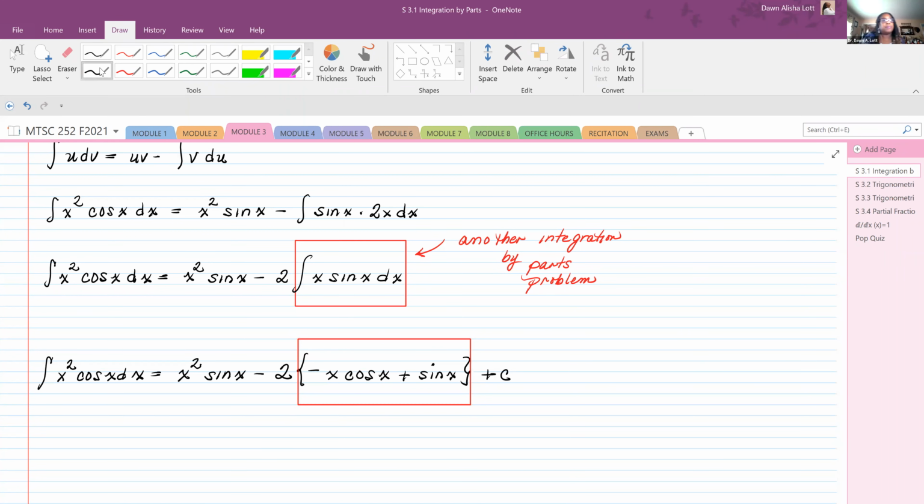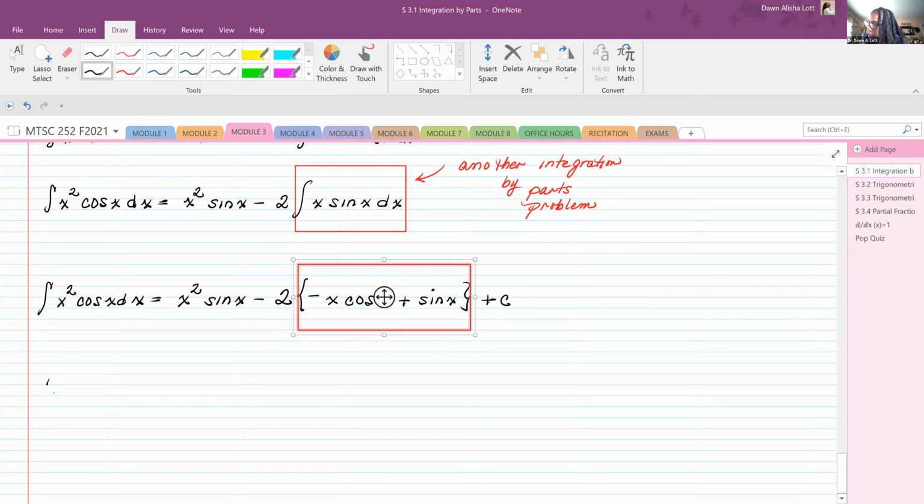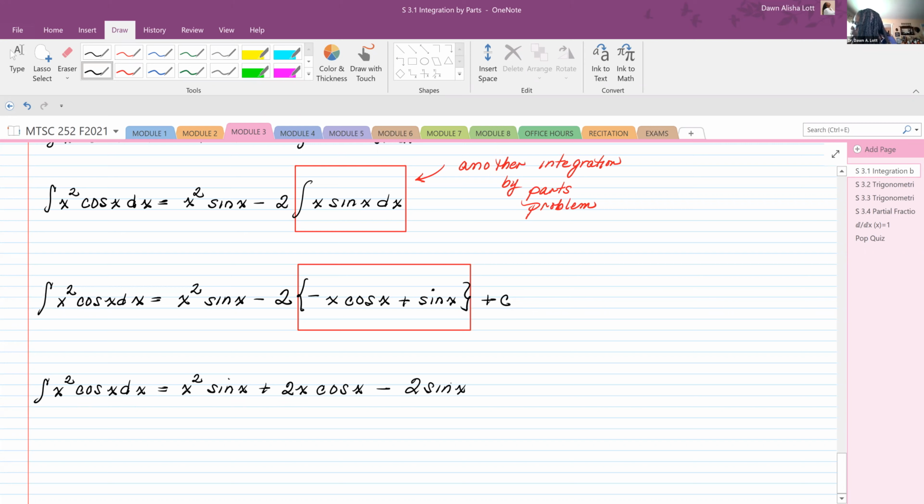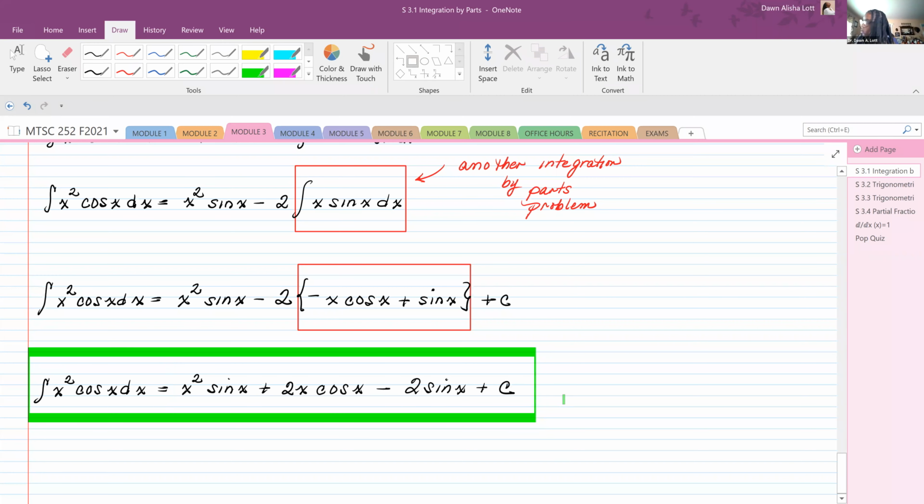So we got the integral of x squared cosine x dx is x squared sine x plus 2x cosine x minus 2 sine x plus my trusty constant. Okay, so far so good.